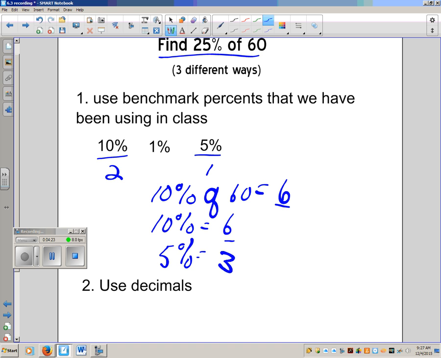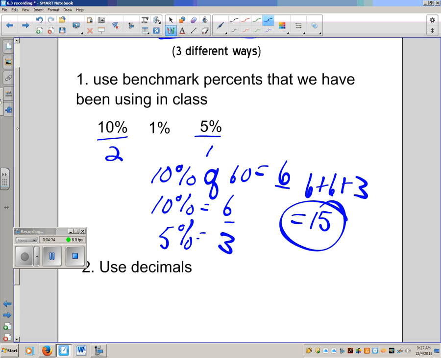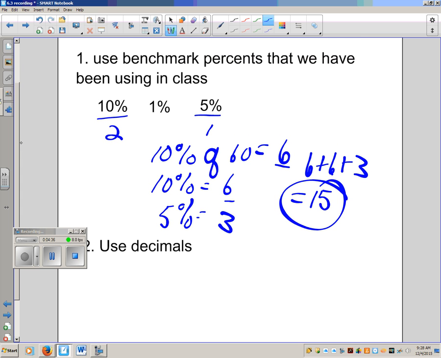Half of 6 is 3. 6 plus 6 plus 3 equals 15. 25% of 60 is 15. That's using 10, 1, and 5.